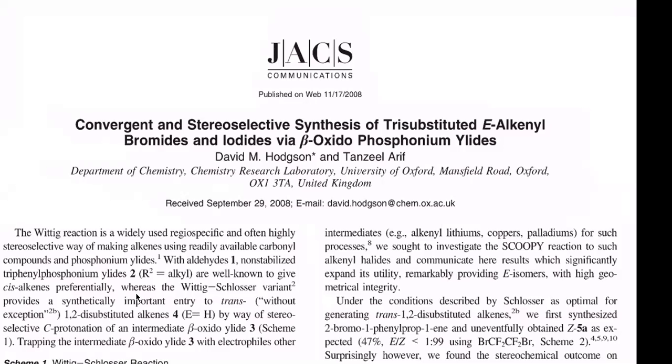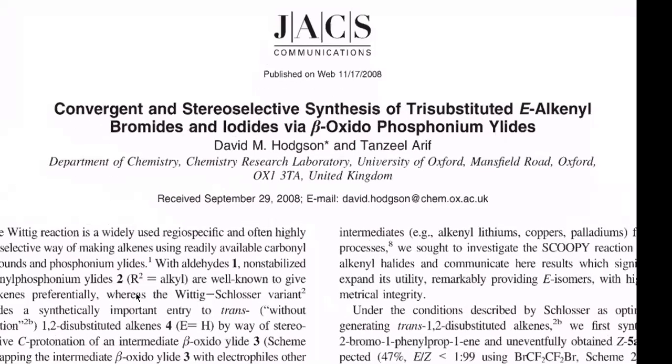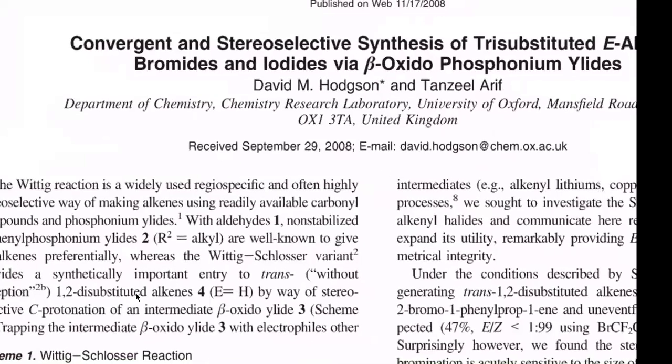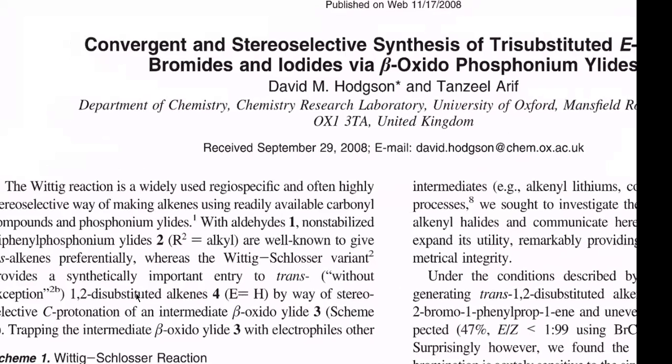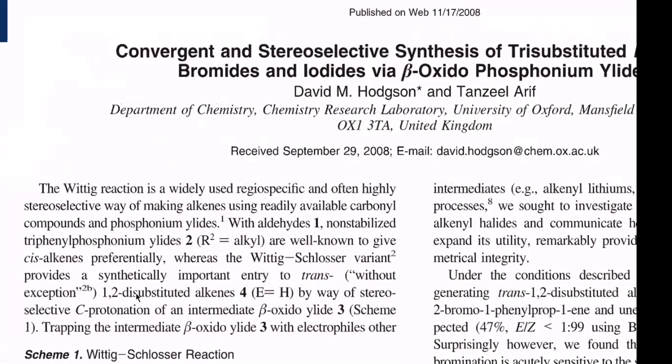All right. You want me to share my screen in case they want to follow along? Well, I've got the paper on the screen, so okay. In this article, they were trying to control the stereoselectivity, or the stereochemistry, when using this Wittig reaction. The traditional method, I believe, yielded mostly Z isomers.